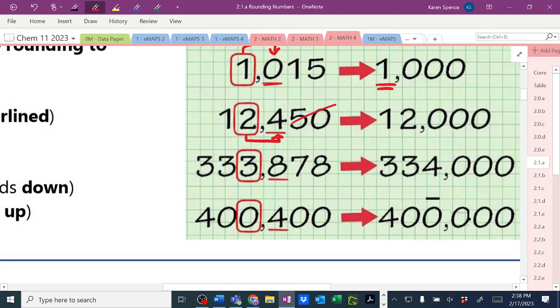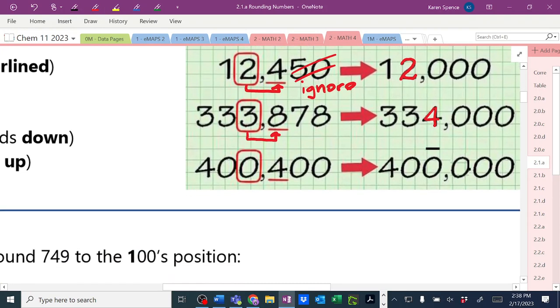You can essentially ignore all the rest of the digits. Just look at that one number. That number is a 4. And so we don't round up, we round down, and it stays as a 2. This one's easy. 8 is bigger than 5, so this rounds up to a 4.